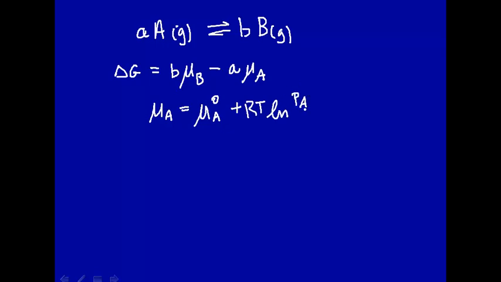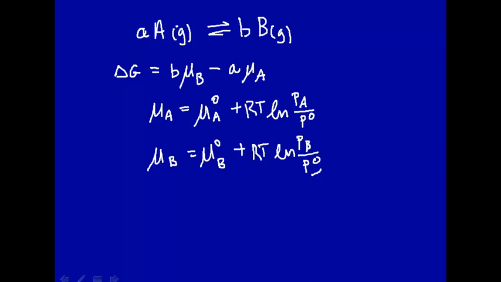Let's assume ideal, so we don't have to worry about fugacity and fugacity coefficients. We can write a similar equation for mu B. That will be equal to the standard chemical potential, the chemical potential at 1 bar, plus RT times the natural log of the pressure of B, assuming again ideal, over this reference pressure.